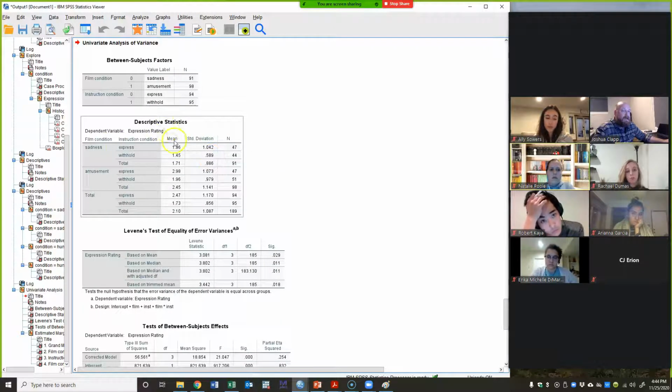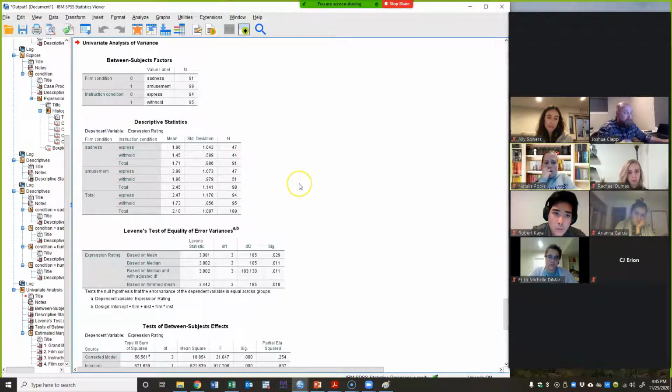Here, we've got our descriptive statistics, okay? So we have people who watched the sadness film, the number of people who were told to express, the mean and standard deviation of people who were instructed to inhibit, and then Robert, what does this total column correspond to? The total variability?